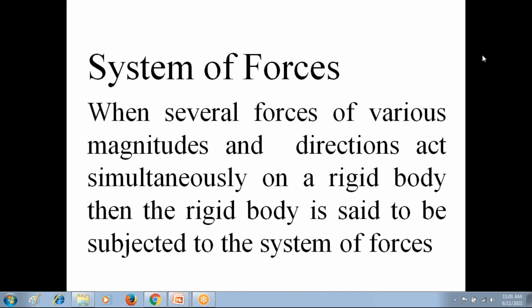We know that the force has three characteristics: the point of application, the line of action, which is also called the direction of force, and the third characteristic is the magnitude of force. So like that, the force has three characteristics. The first one is point of application. The second one is the line of action or the direction of force. The third one is the magnitude of force.